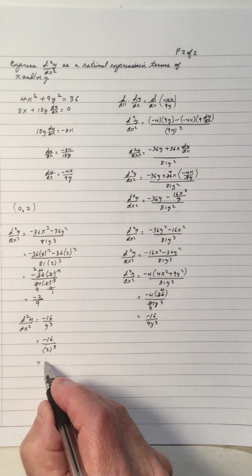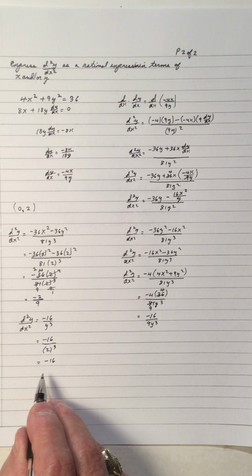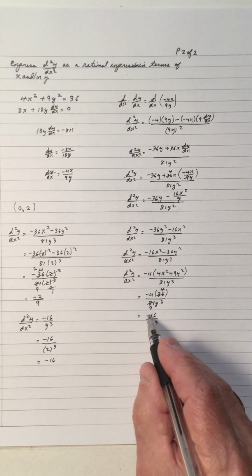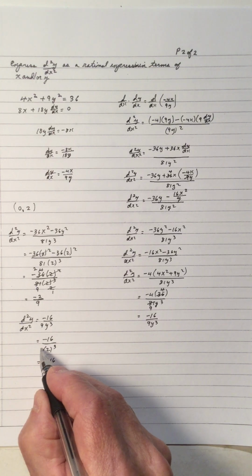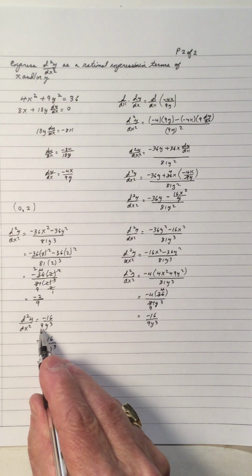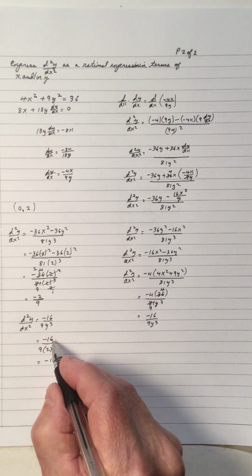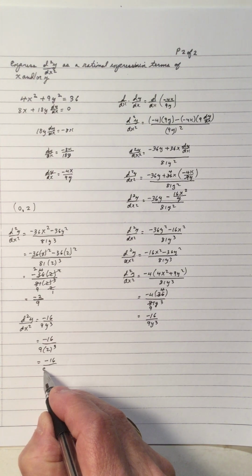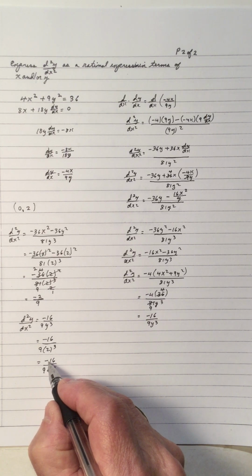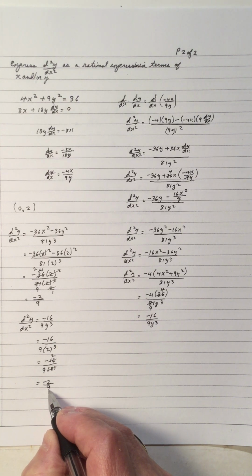We get negative 16 over, I almost wrote it down wrong, I left off the 9 when I looked over here. Negative 16 over 9y cubed. There it is, and I put the 9 in. So now this is 9 times 8, and 8 cancels into negative 16, negative 2 times. So that becomes negative 2 over 9.